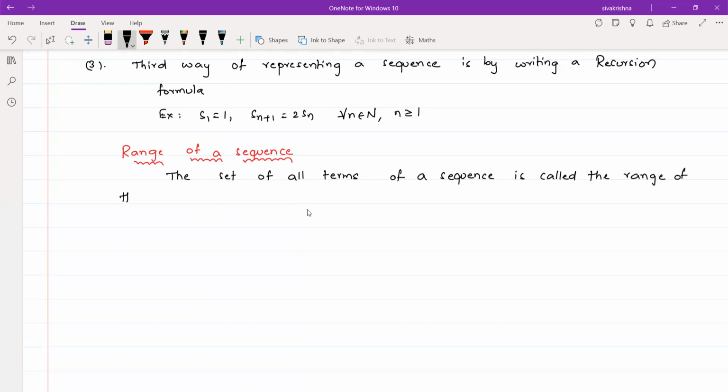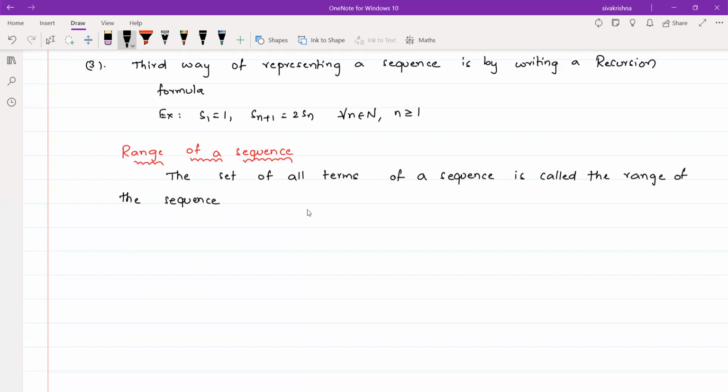Whatever elements we have in the sequence, the set of all those elements is called the range of the sequence. That is the definition of range.